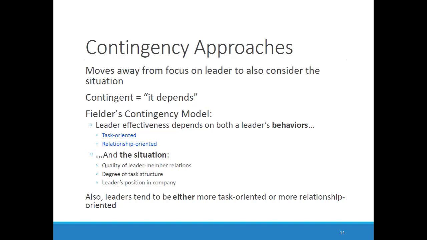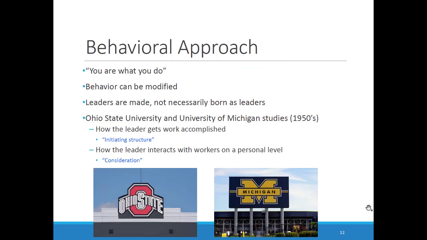And Fiedler said that there are two categories of leader behaviors. The first is task-oriented, and this corresponds with the behavior approach that we talked about previously in terms of initiating structure. So if you remember from last time, the Ohio State and University of Michigan studies said that there are two categories of leader behaviors: initiating structure and consideration.